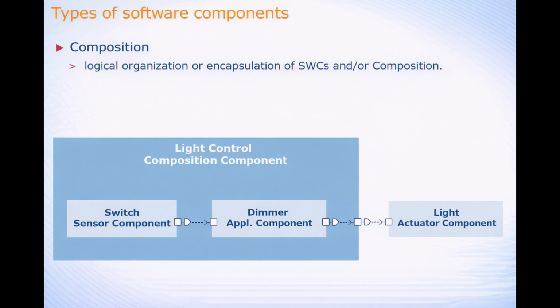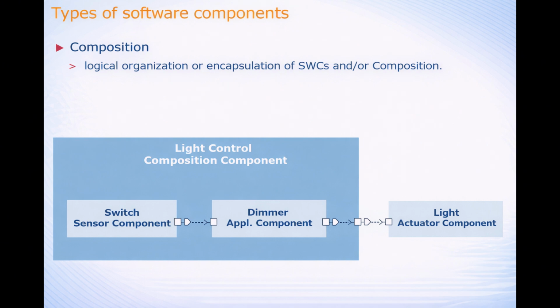Compositions are a way of grouping separate software components into a logical functionality. For example, here we have a sensor switch component and a dimmer component, and we can create a composition where we put both of them in. And then we can tackle this as though it was a single software component.